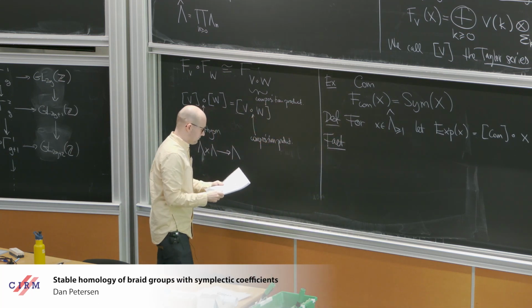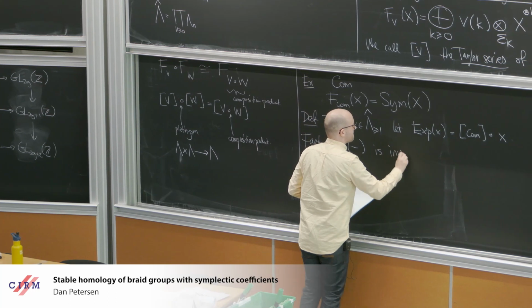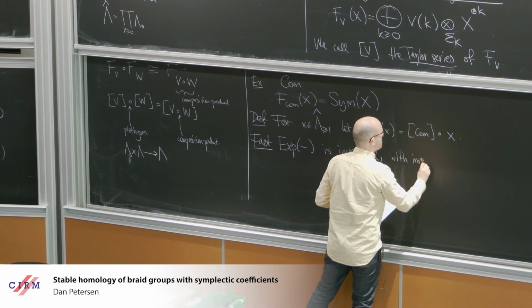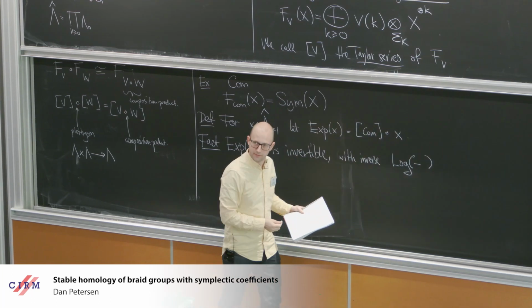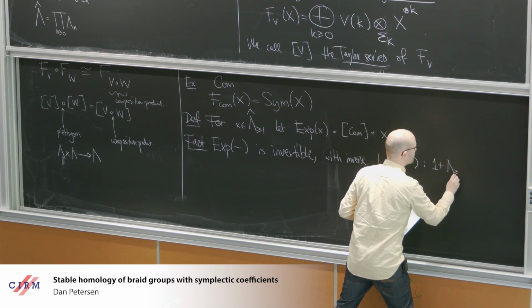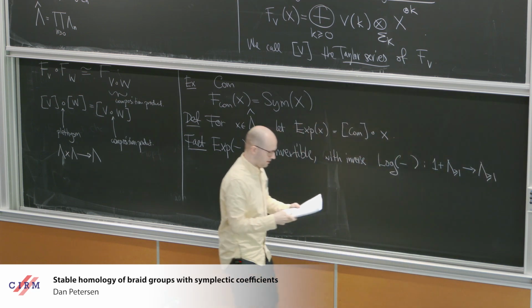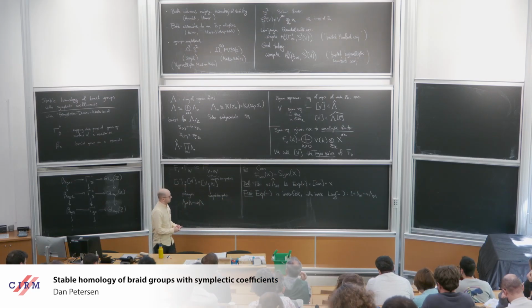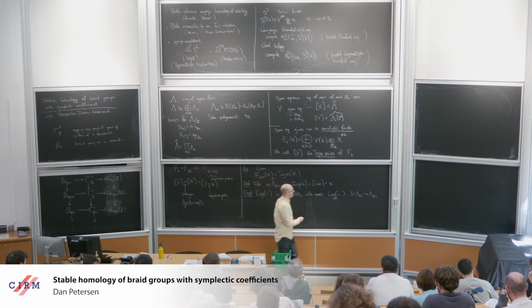And the very useful fact is that exp is invertible, with inverse a certain map log that now takes as its input something with constant term 1 and returns a power series with a vanishing constant term, so to speak.